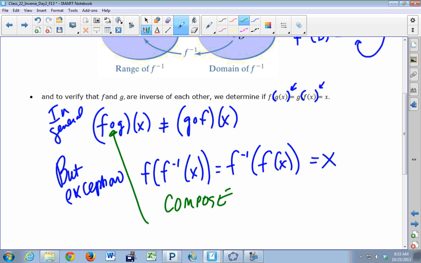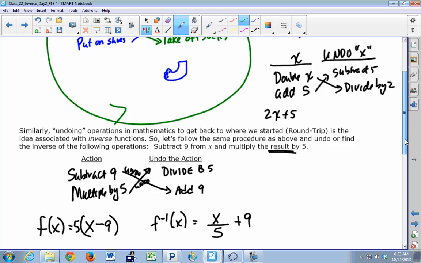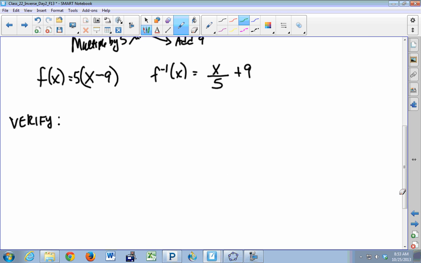When you compose your function with its inverse, you should come back to x, and when you compose it in the opposite order, you come back to x. So what we want to do here is compose these two functions. You have to prove that f of f inverse of x brings you back to x, and you have to reverse the order of that composition.